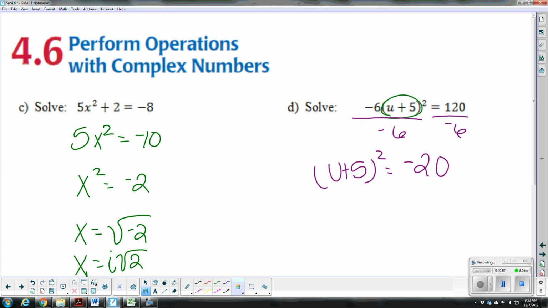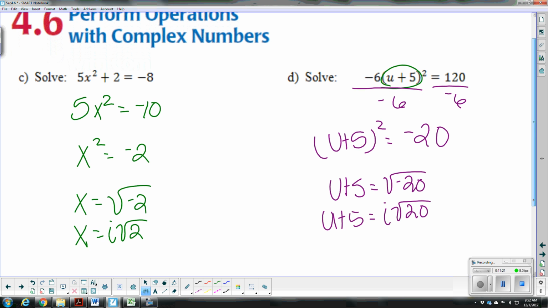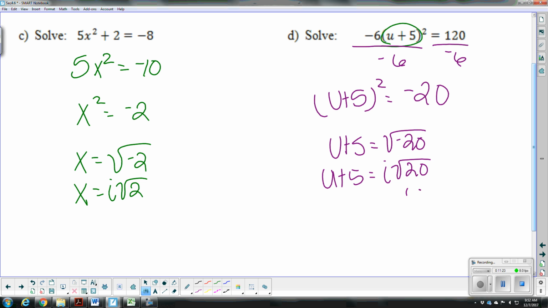equals -20. And then if we take the square root of both sides, we get u plus 5 equals the square root of -20, which is u plus 5 equals i times the square root of 20. We can simplify the square root of 20. So our largest perfect square is 4.